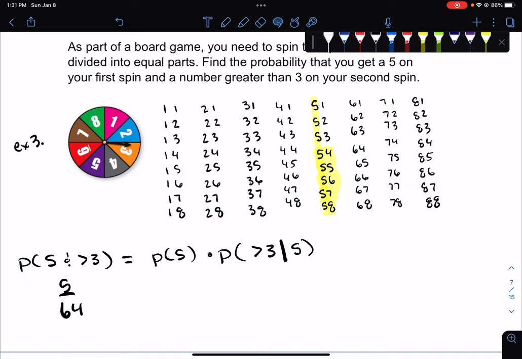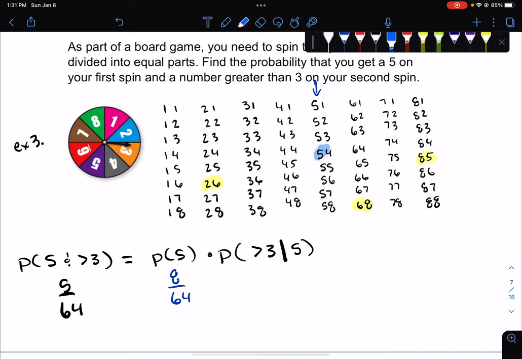So let's look at the probability of getting a 5. Well, that's this entire list right here, which is 8 of them out of 64. The probability of getting a number greater than 3, given I've already gotten a 5, that means that even though this is bigger than 3 and this one has a number bigger than 3 and this one has the second number bigger than 3, they didn't get a 5 first.